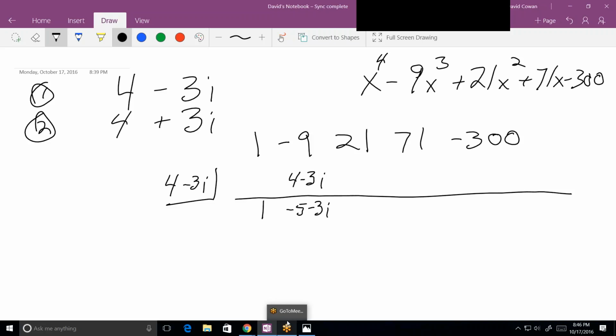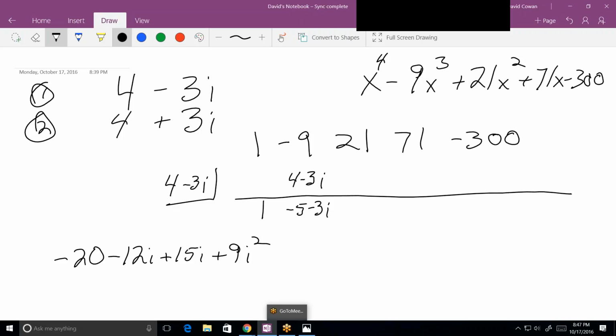Now I multiply this by this. Let's do that. Let's see, what do we get? Let me do it over here and then I'll simplify it. We get minus 20 minus 12i plus 15i plus 9i squared.